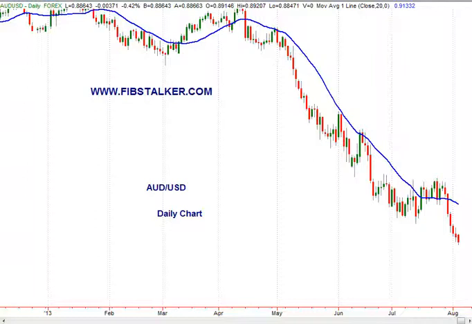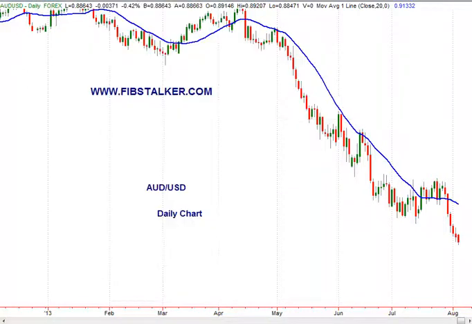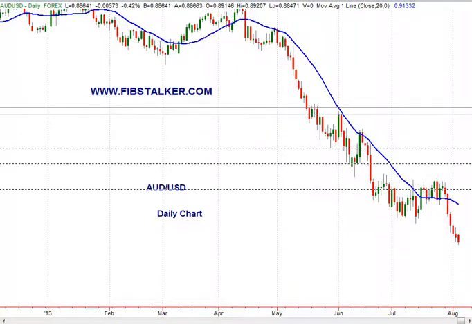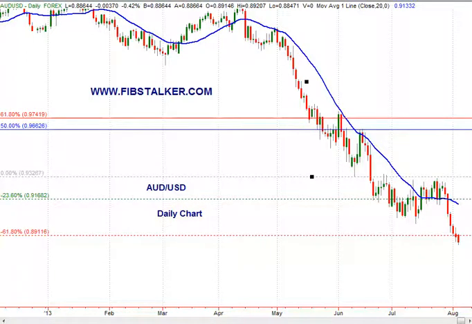Moving to the Australian dollar versus the US dollar, you know that this pair is going down into the 0.85 intermediate target at the moment. In the past, we had identified this anchor. It worked once, twice, and as you can see, price after hitting the 0.9170 first target, hit the second target in 0.8912.